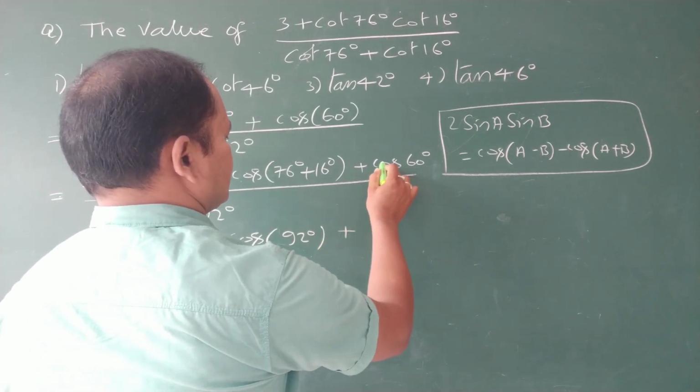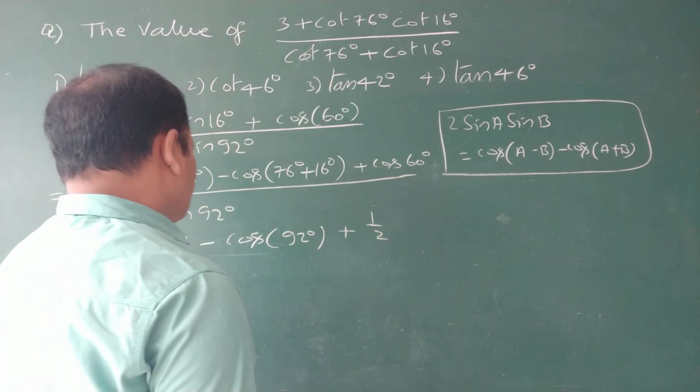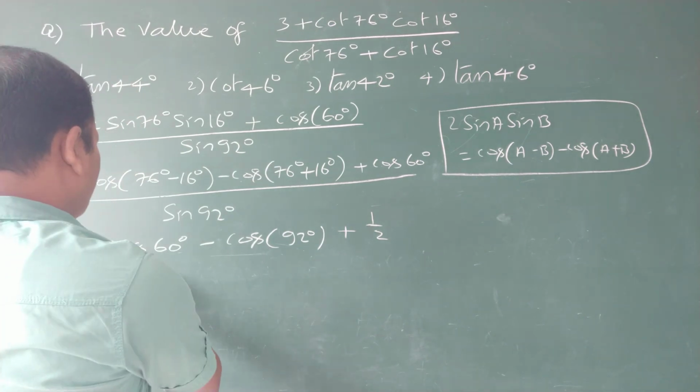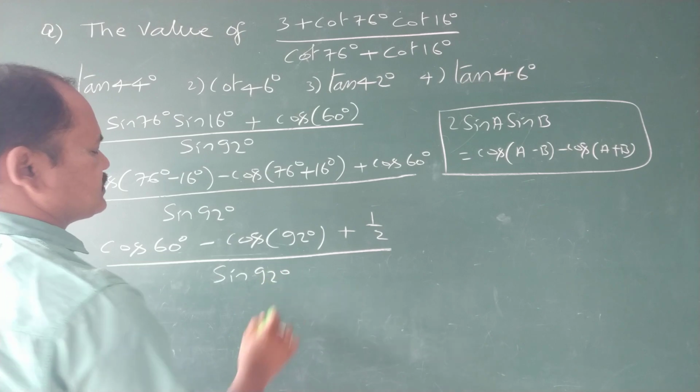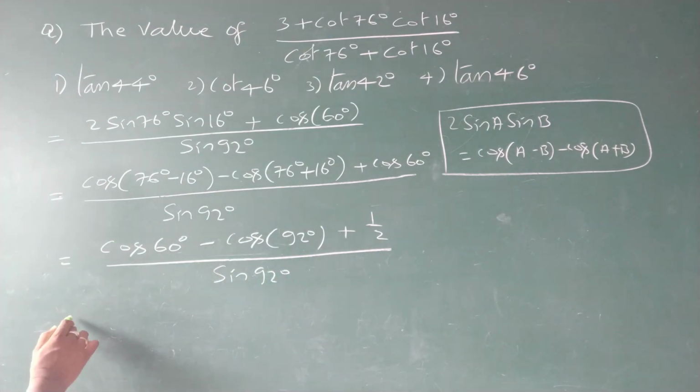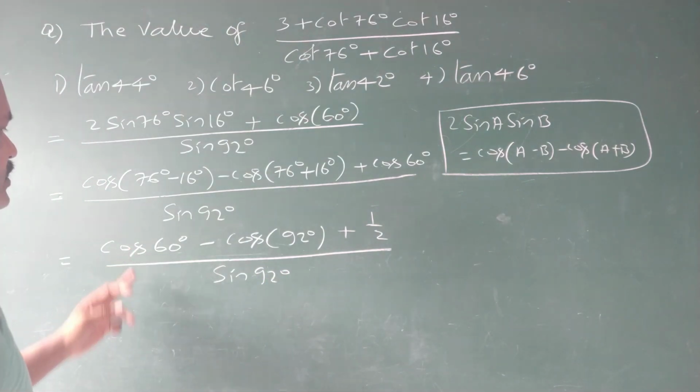Next, cos 60 is 1 by 2, whole by the denominator sin 92 degrees. Now from this, cos 60 is 1 by 2.